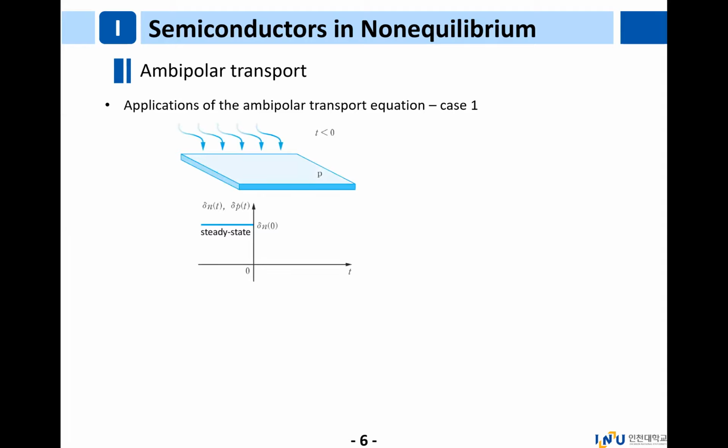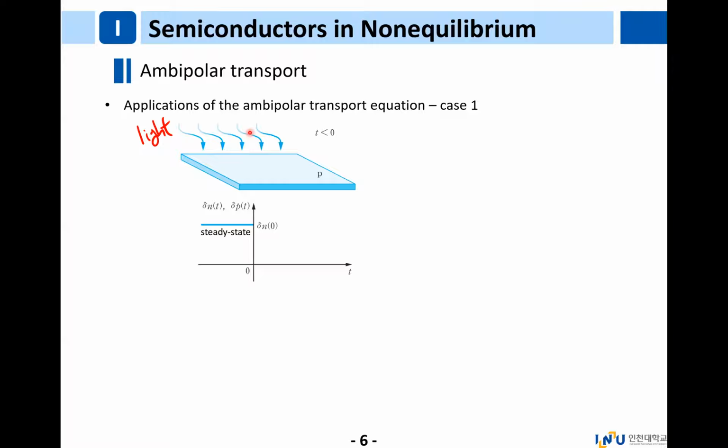So let's consider the case where a uniform p-type semiconductor without an applied electric field is exposed to light. Then at t equals 0, the light is abruptly turned off.